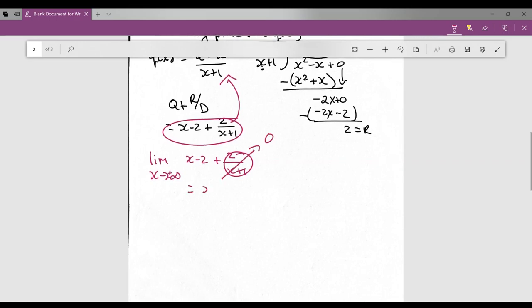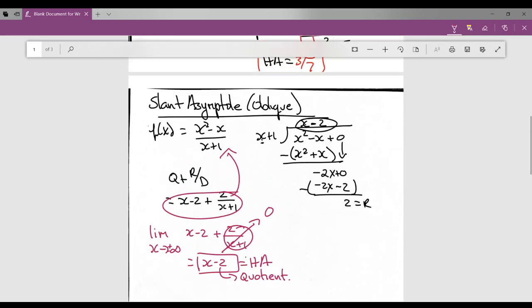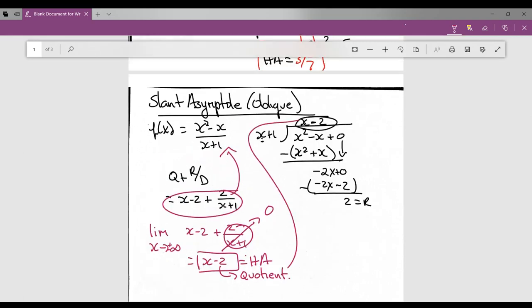So you're just left with x minus 2. And that is your horizontal asymptote, i.e. the quotient. As you can see, that is all you have to see.